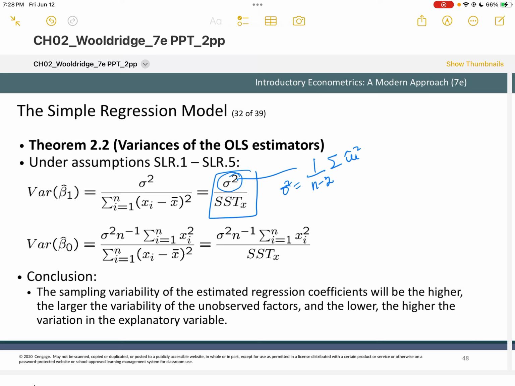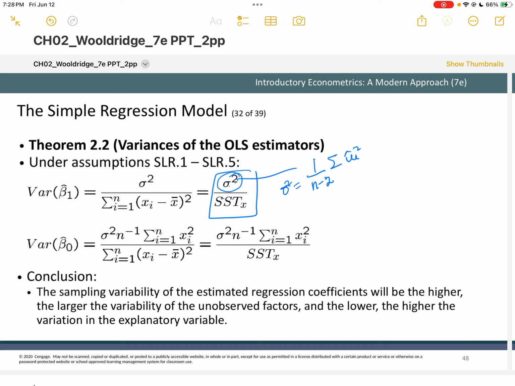So the variance of beta 1 hat is higher if sigma hat squared is higher, or if the sum of squares total is smaller. So the less variation you have in your explanatory variable, or your x variable, the larger your variance of beta 1 hat. I'm going to say that again.